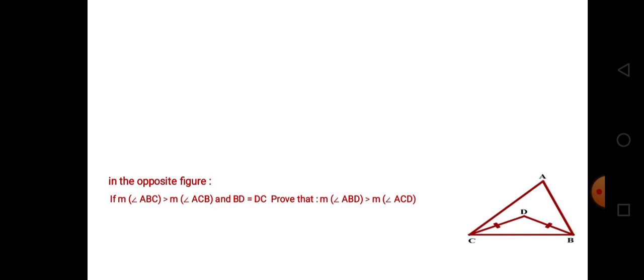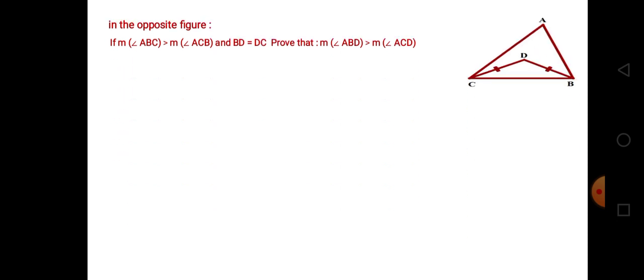Okay. In the opposite figure, if measure of angle ABC greater than measure of angle ACB and BD equal DC, prove that measure of angle ABD greater than measure of angle ACD. Okay.